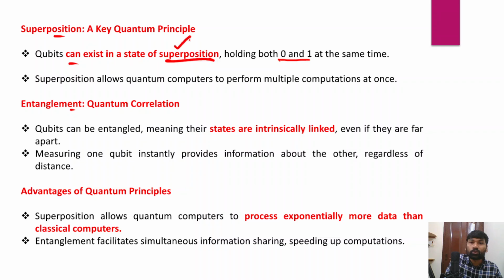But with superposition in quantum computers, they can hold both 0 and 1 at the same time. And this superposition would enable them to perform multiple computations at once in a much faster manner. And what is entanglement, right?